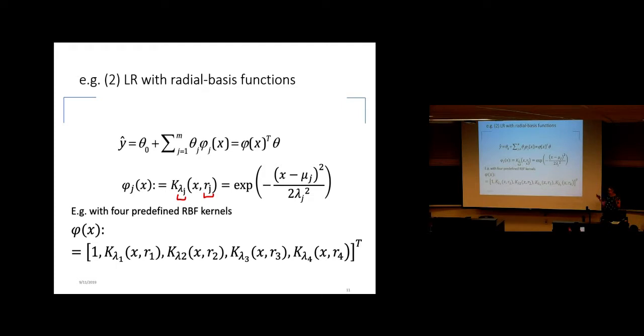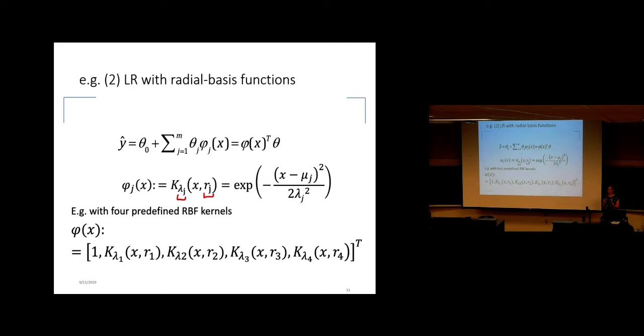For example, I'm assuming I have, in this case, 4 different RBF bases. That really needs me to know where the first RBF center and lambda are, what the second center and lambda are, the third, and the last. This is all predefined. Keep that in mind.